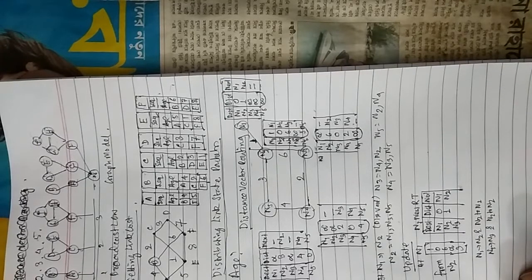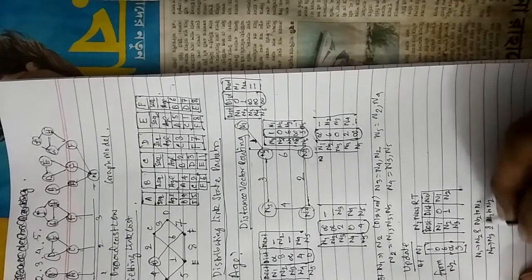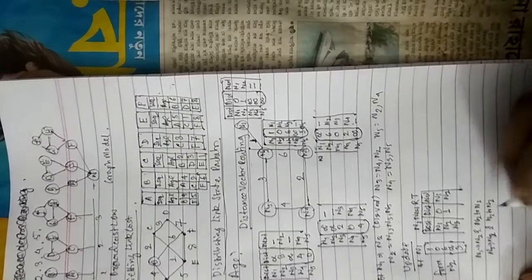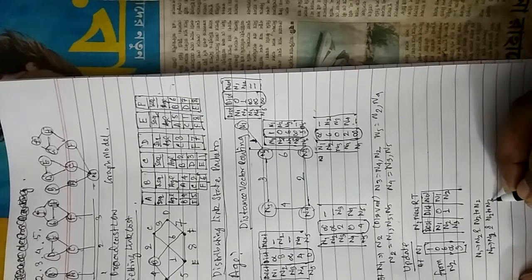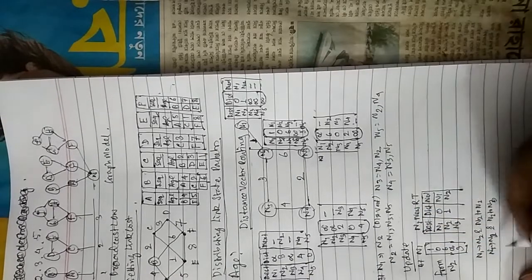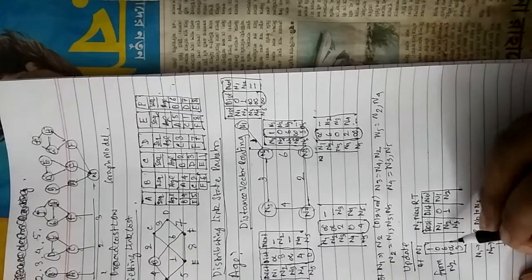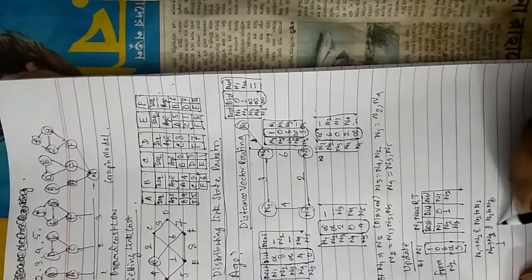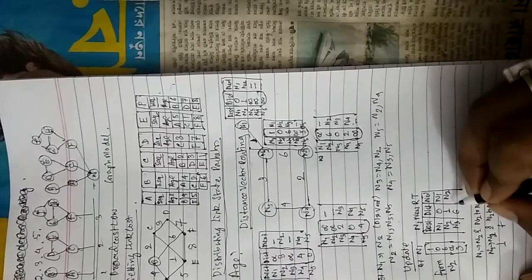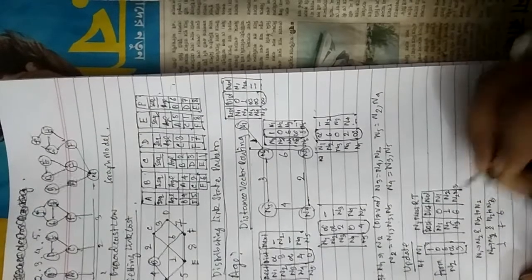N1 to N3 means first you go from N1 to N2 and from N2 to N3. N1 to N2 is 1, and N2 to N3 is 6. So add these two, it is now 7, and you go to N2 then go to N3.